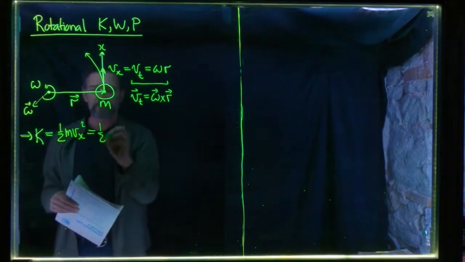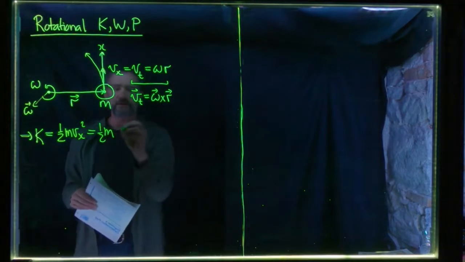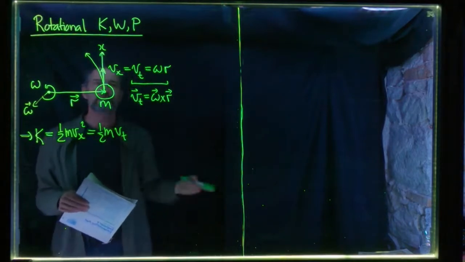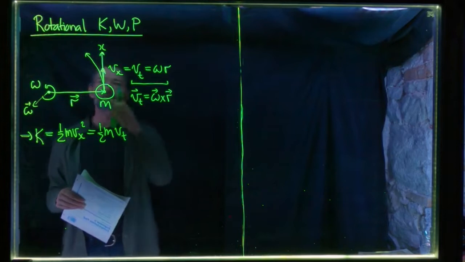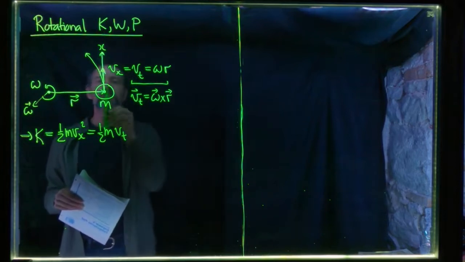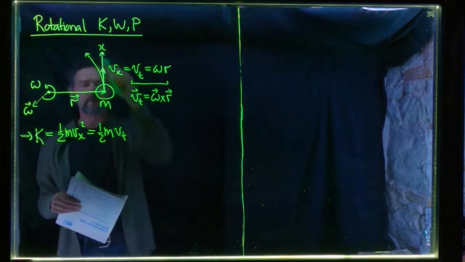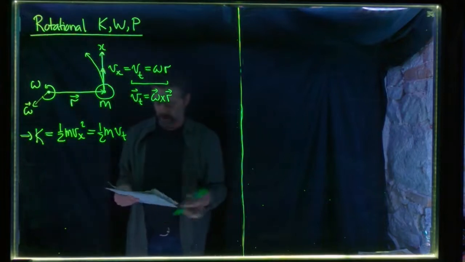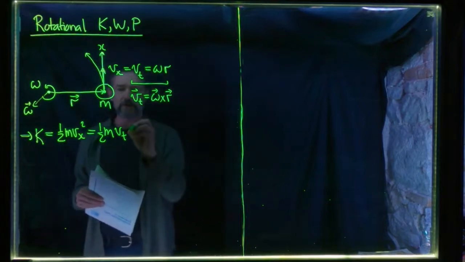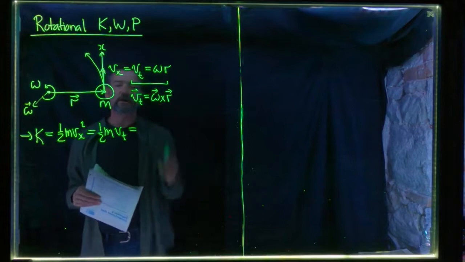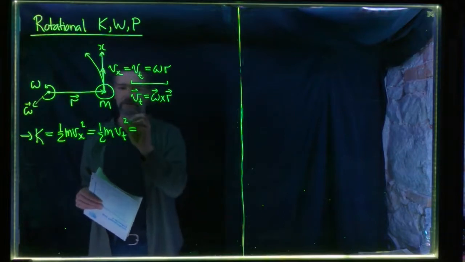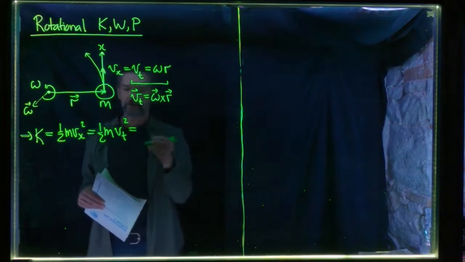Okay, but Vx is the same as Vt, the tangential velocity at that instant of time. The velocity along the x-axis is the same as the tangential velocity along that circular arc. And so that V tangential is omega times r. That's squared, so we get an omega squared and an r squared.